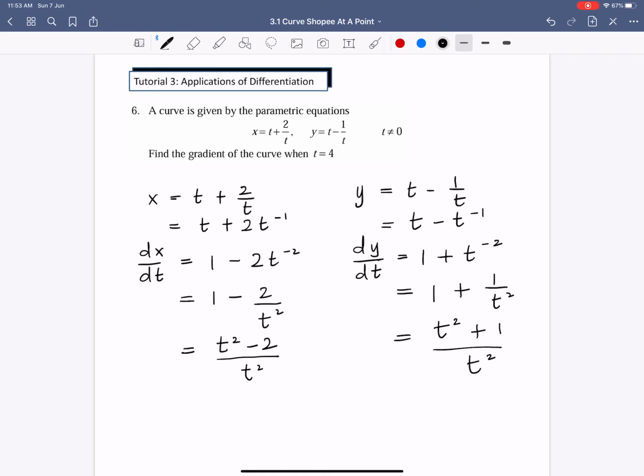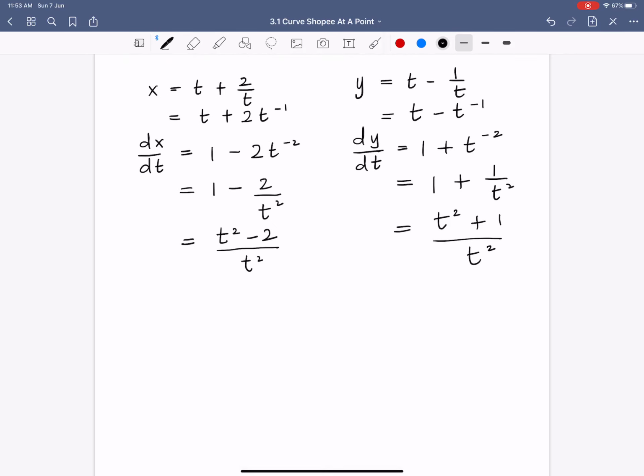Okay, what's next is we want to find dy dx, because the gradient of the curve when t equals 4 is dy dx. So dy dx equals dy dt times dt dx. Dy dt equals t square plus 1 over t square, based on our previous solution.